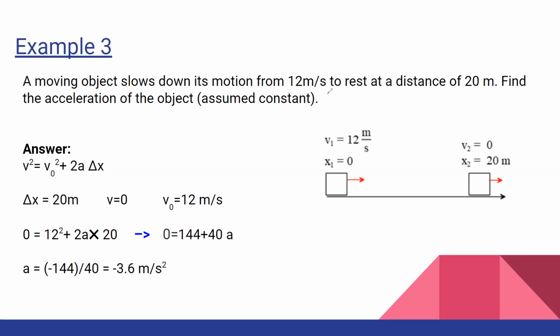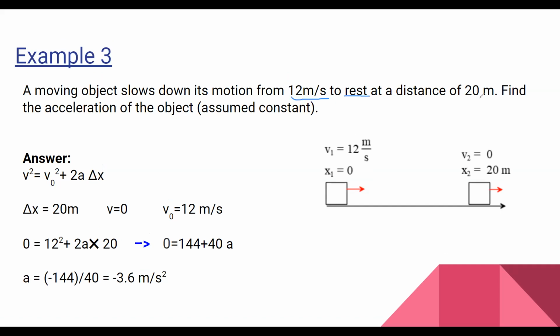Here we're given your V initial, your V final, and then your displacement. So you need to use your fourth kinematic equation for that, because that's the only one that actually has A in it and also has the other 3 variables that you already have.